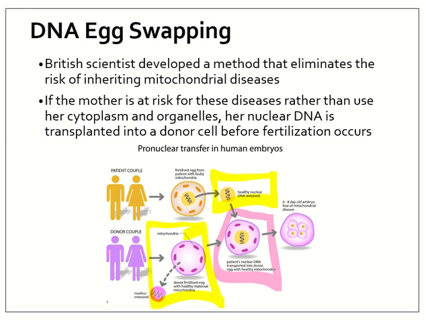So this is where you now have three parents genetically for a child. There are some ethical issues that arise from this situation, but they are now able to prevent that child from having a mitochondrial disorder.